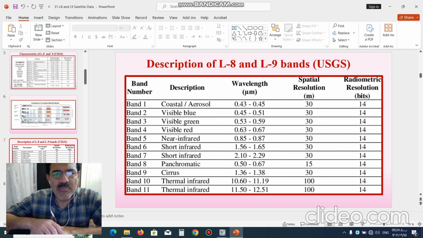Band number 1 to band number 11: description, wavelengths, spatial resolution or ground resolution, and radiometric resolution in bits.